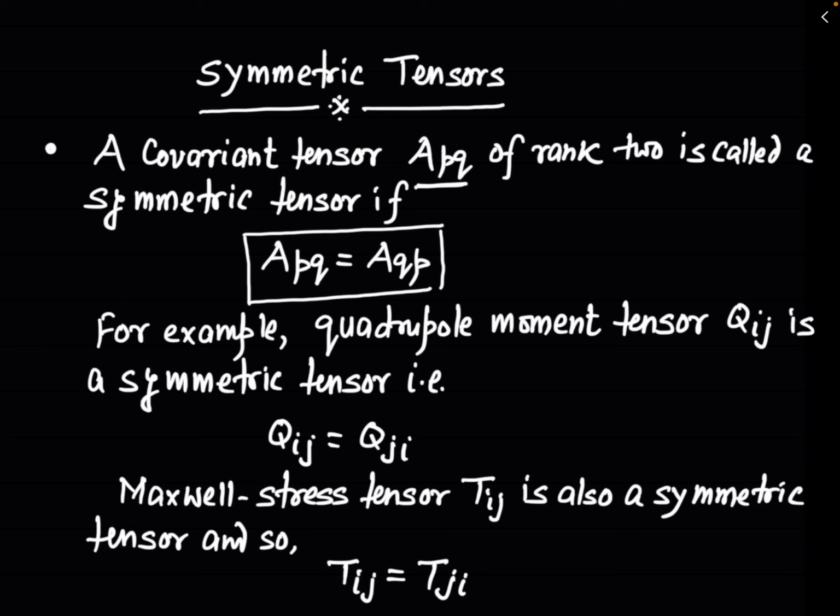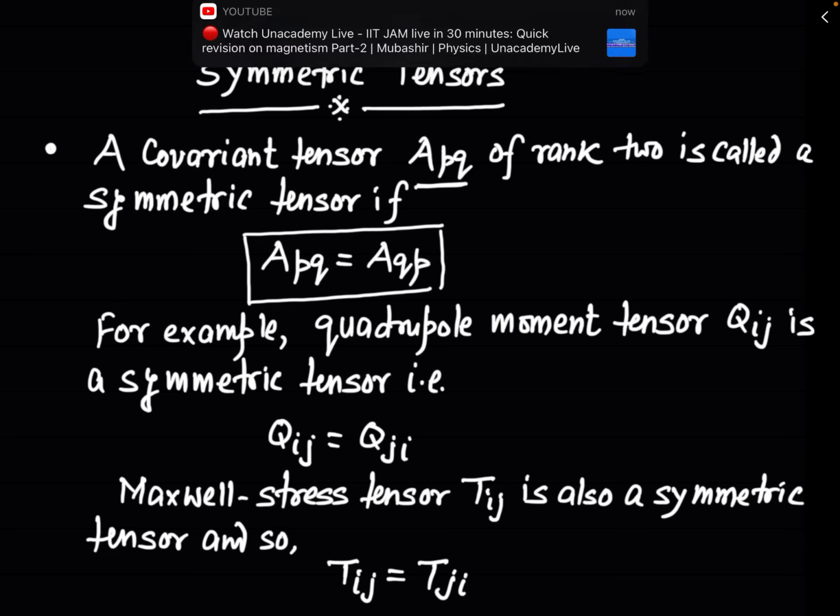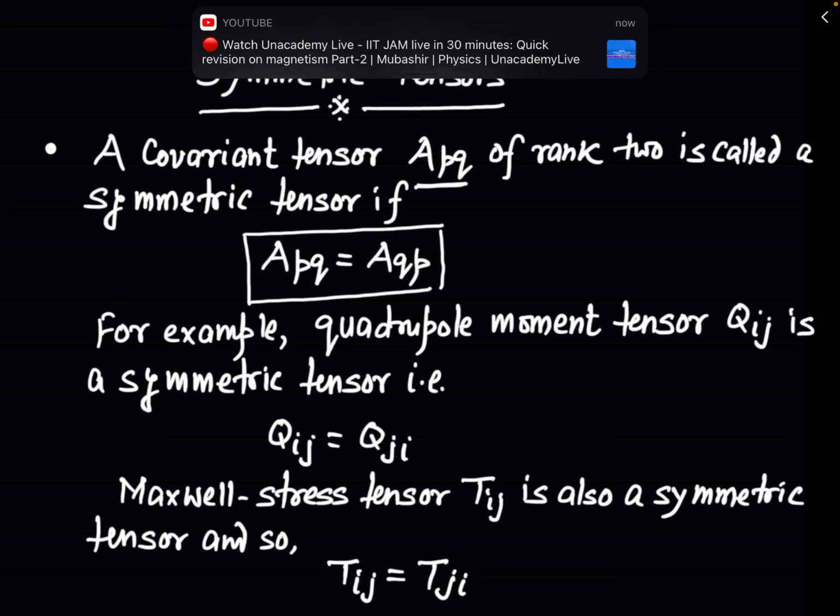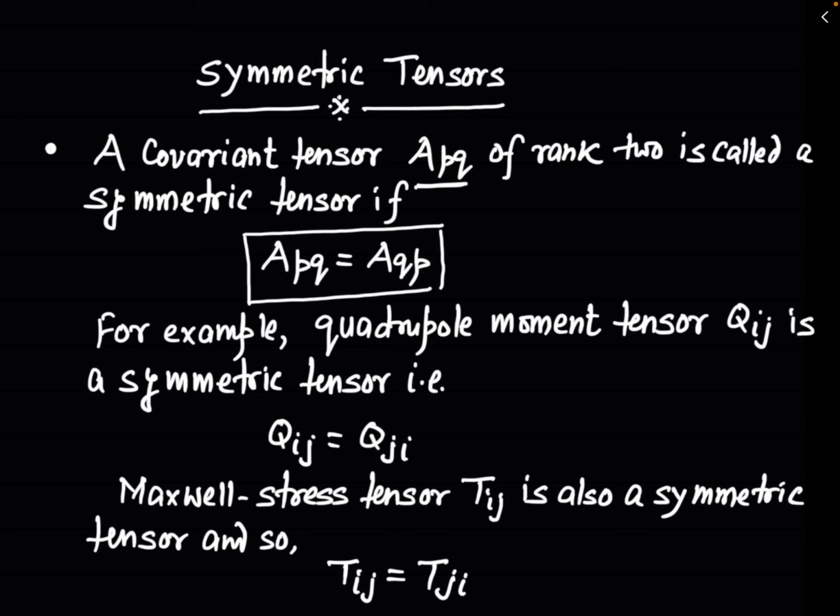So whenever you define the symmetric tensor, at least the rank of the tensor must be 2. It means the tensor of 0 rank, that is a scalar, or the tensor of rank 1, that is the vectors, cannot actually be a symmetric tensor. So for symmetric tensor, the rank of the tensor must be at least 2.